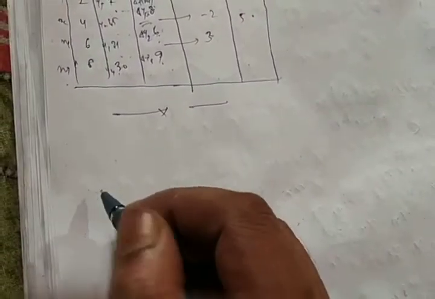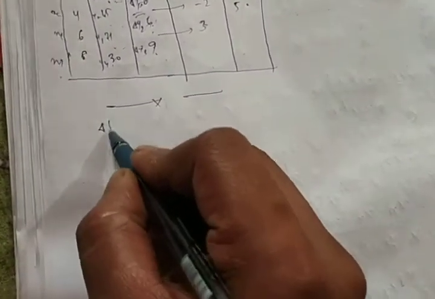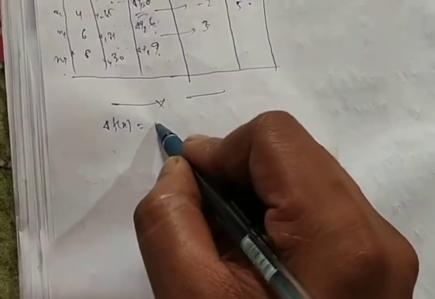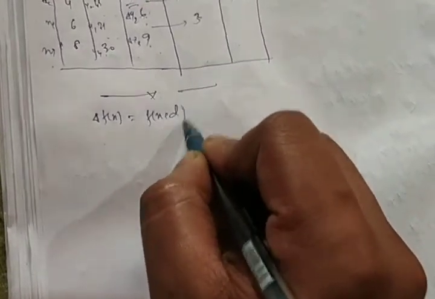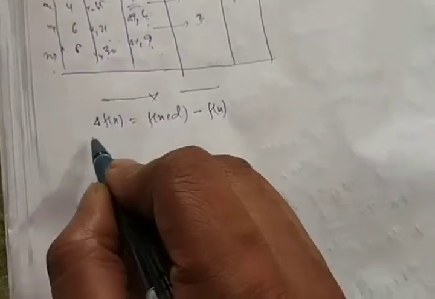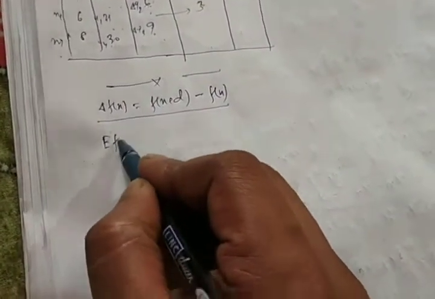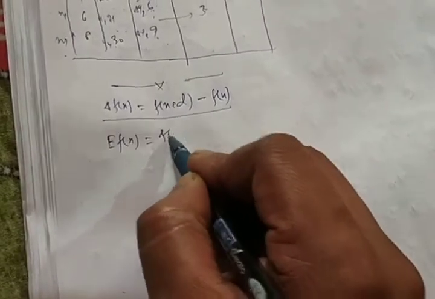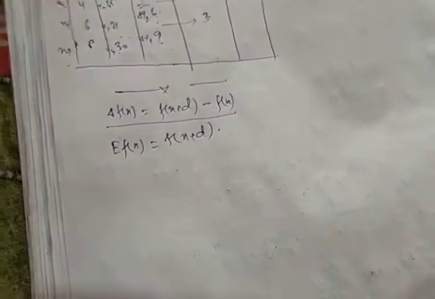Now another topic is the shifting property. For the method of differences, it is known that delta of f x equals f of x plus d minus f x. We know this formula, and the shifting property is E of f x equals f of x plus d.